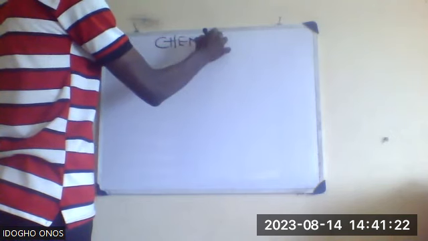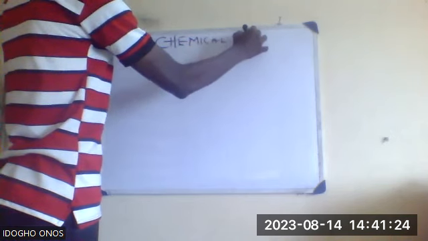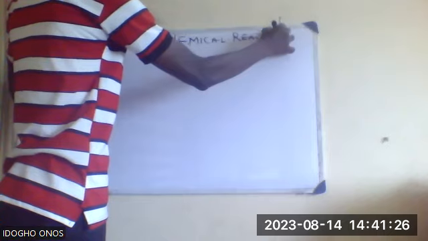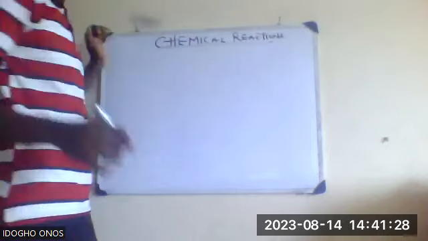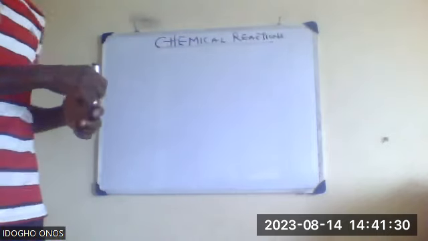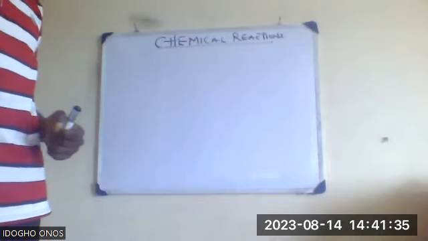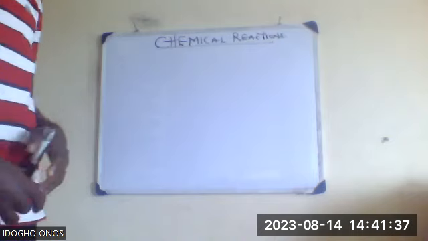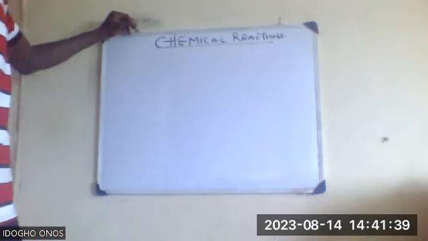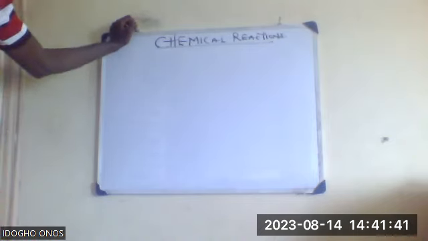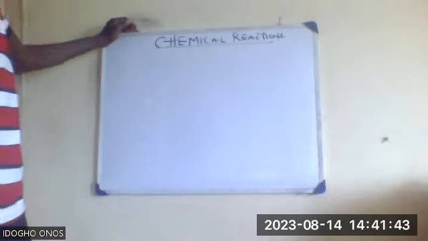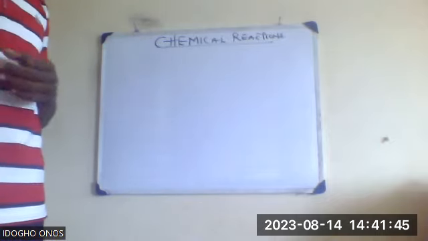Chemical reactions. All we did last week was basically SS1 work. So for the focus of this week, we'll be looking at some key areas in SS2, which are some of the topics we will encounter.